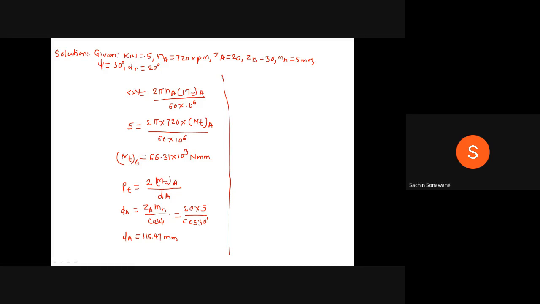Now substitute the value of dA in the equation of tangential force. Calculate tangential force. Therefore tangential force PT is equal to 2 into 66.31 into 10 raised to 3 divided by dA, which is 115.47.